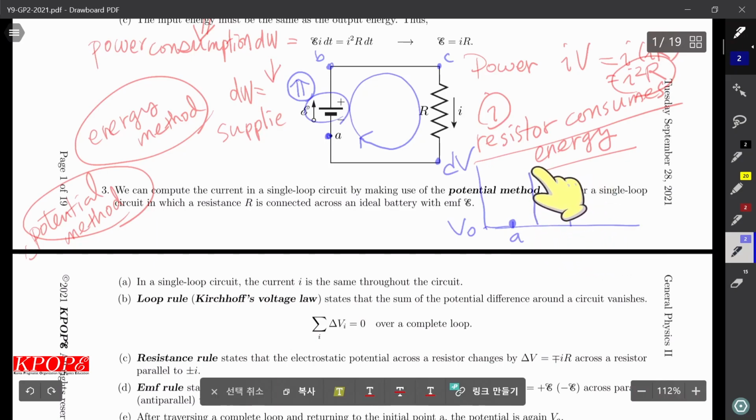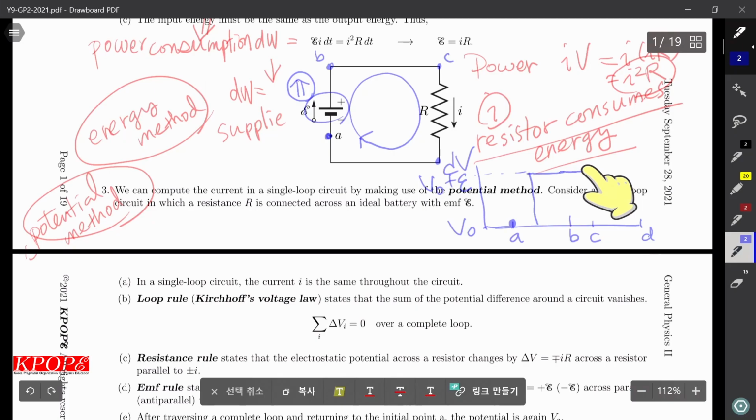This amount is V0 plus E, that is EMF. Then you pass B and C and D.